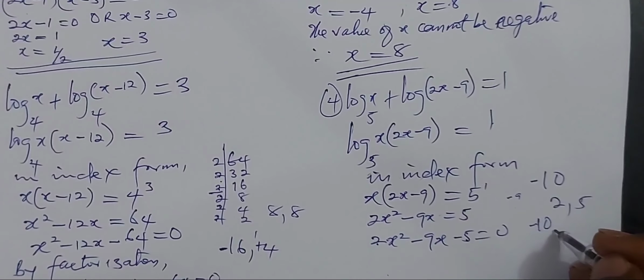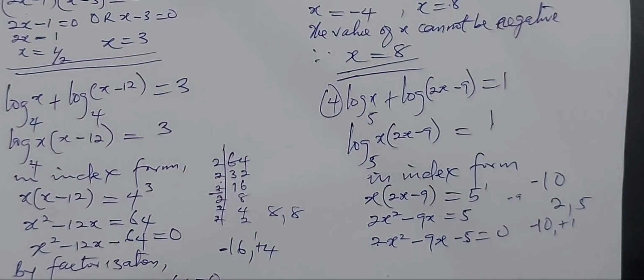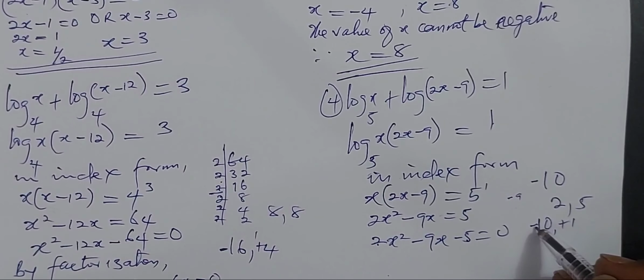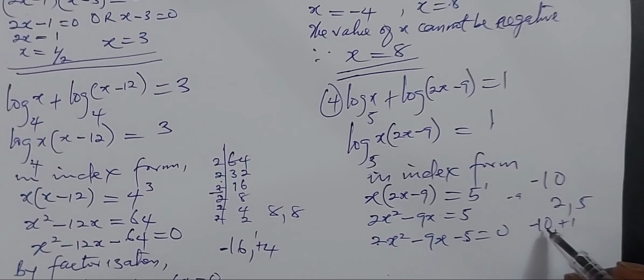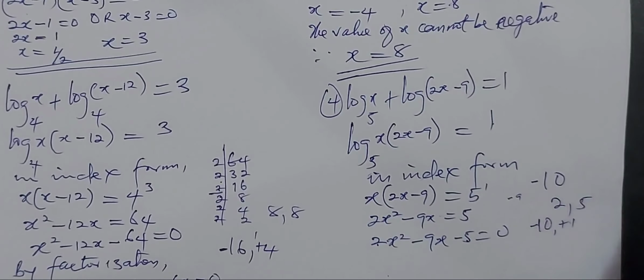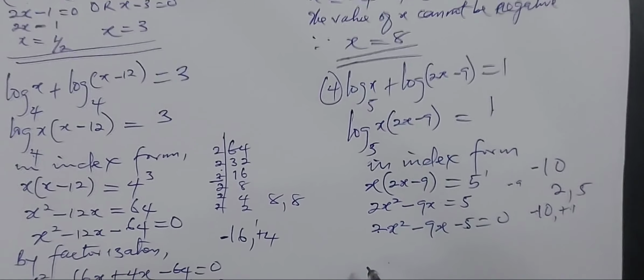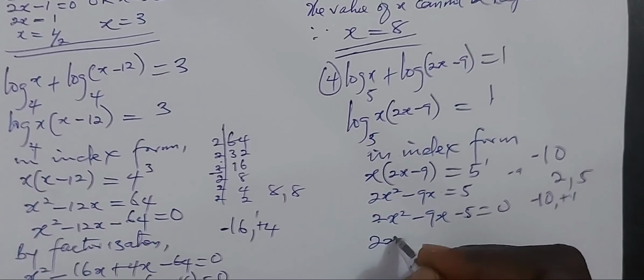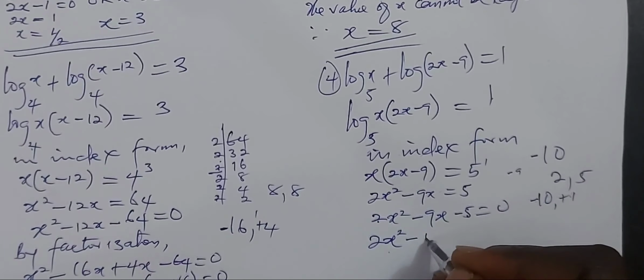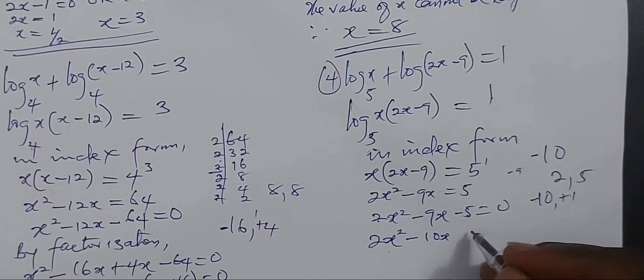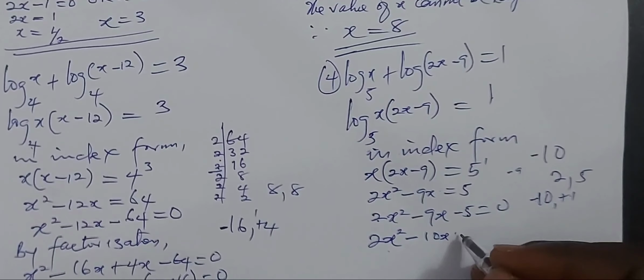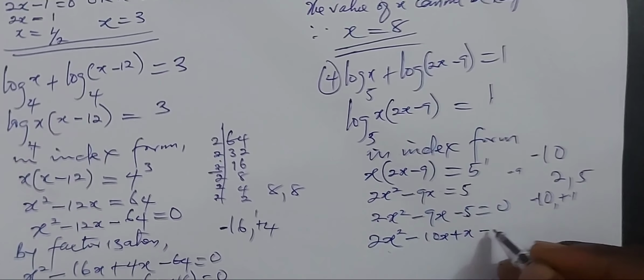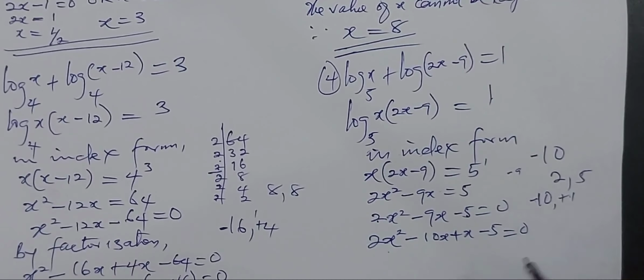Minus 10 and plus 1. So minus 10 plus 1, you have minus 9. Minus 10 times 1, you still have minus 10. So I have 2x squared minus 10x plus x minus 5, equals 0.